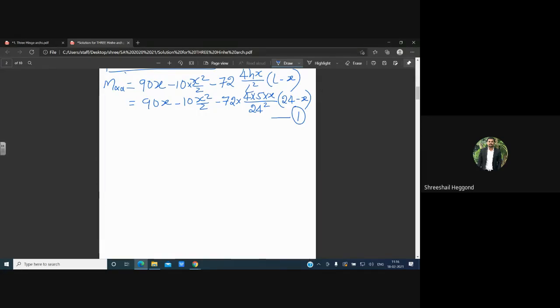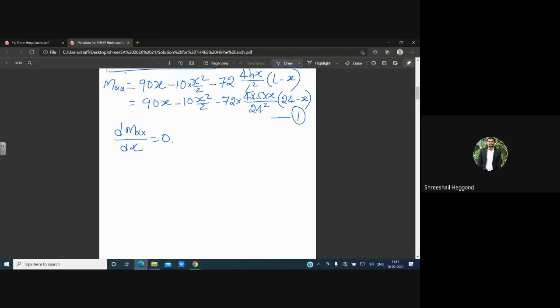So derive the first equation and equate it to 0. Substitute in this form and find out the x value. Once you find out the x value, that can be re-substituted in the Mx equation and calculate the Mx value. Now derive the equation with respect to x.